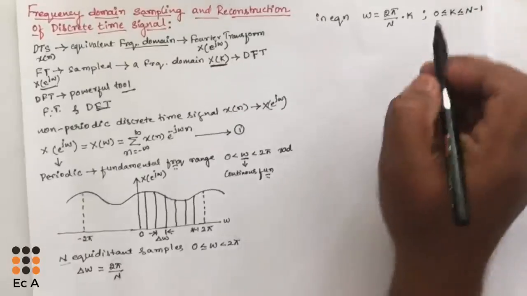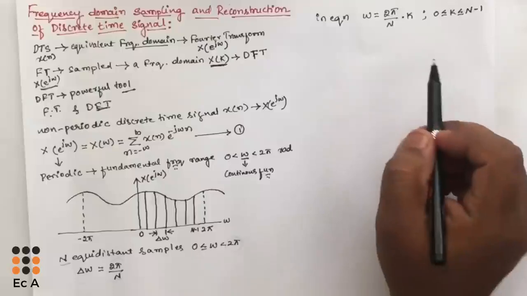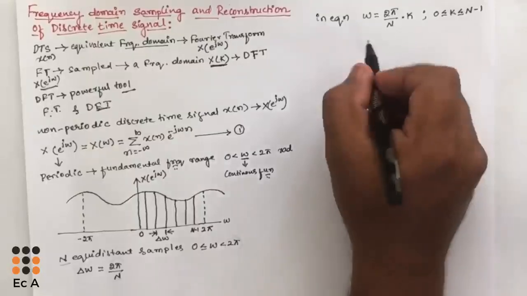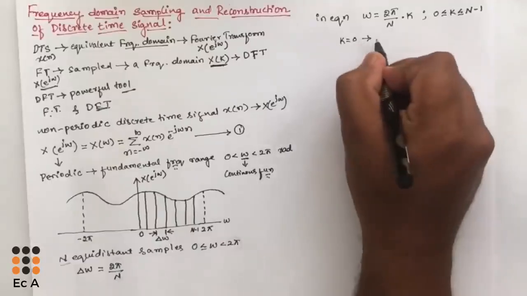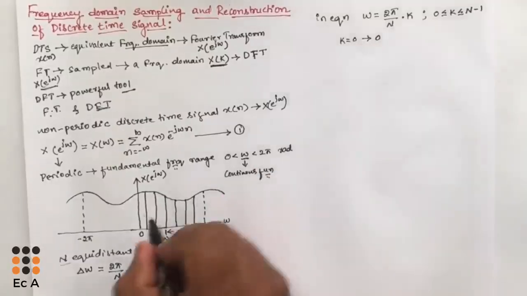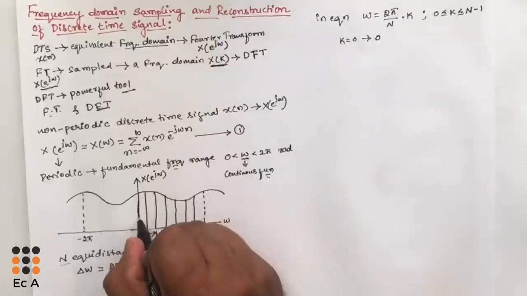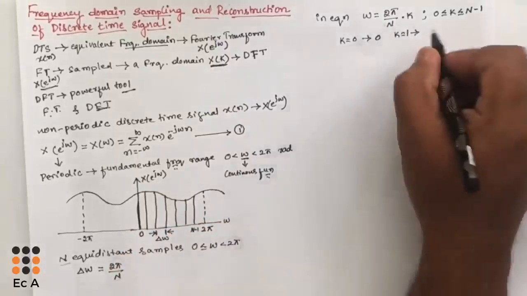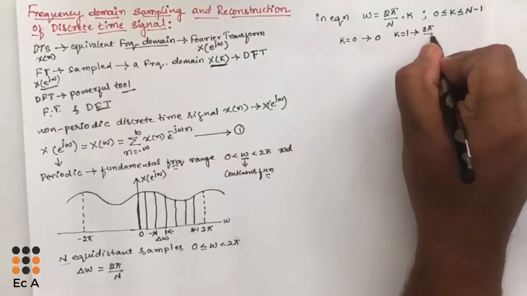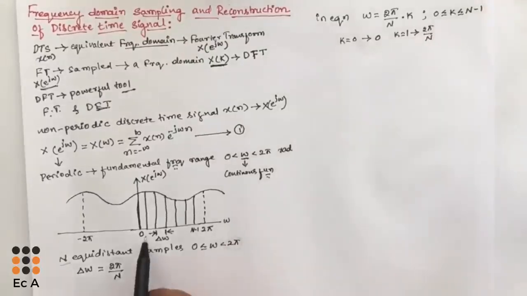For k, we are taking the value as 0 to N minus 1. So here, if we take k is equal to 0, in that case, the above equation will be 0. That will be representing the sample that is present at 0. If we take k is equal to 1, in that case, the above equation will be 2 pi by N. So from 0, the distance here will be 2 pi by N.